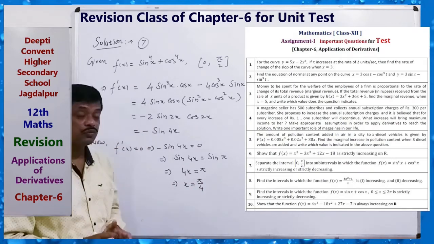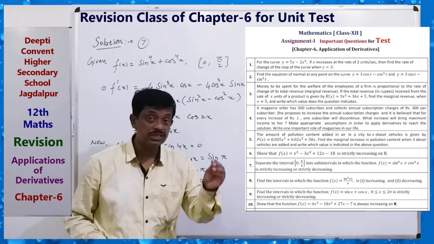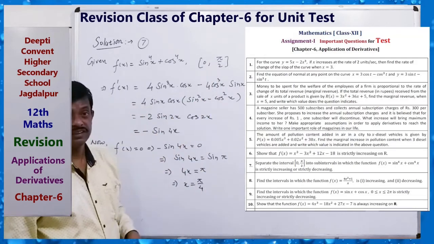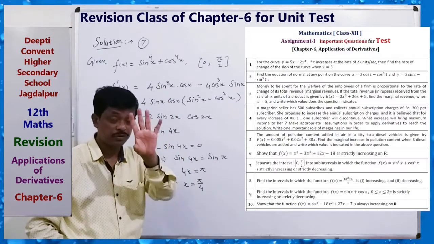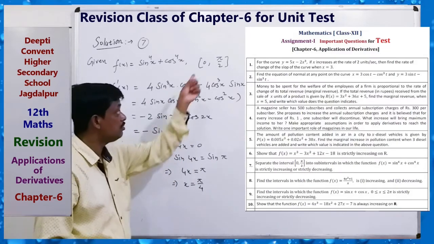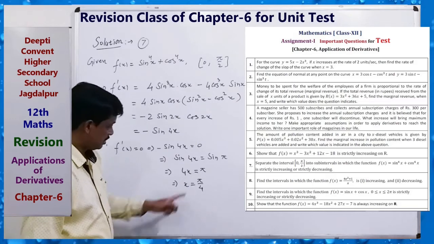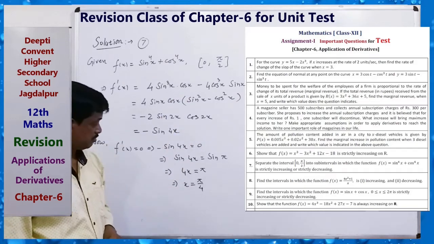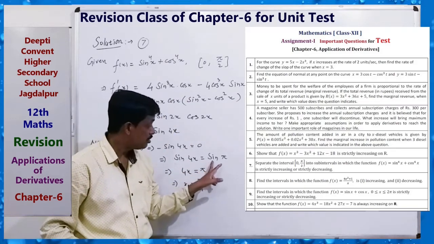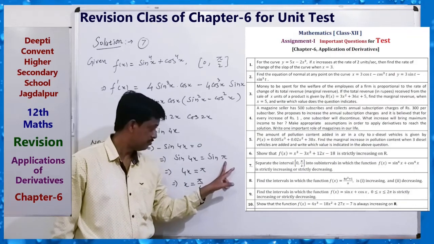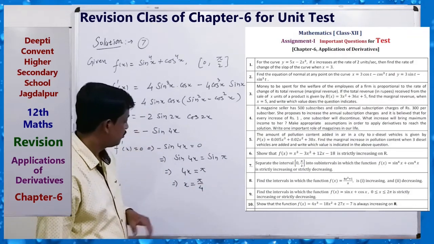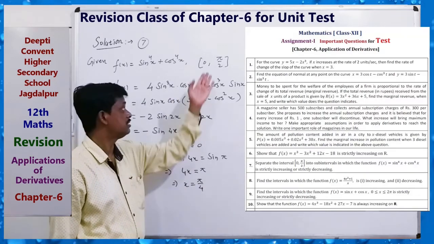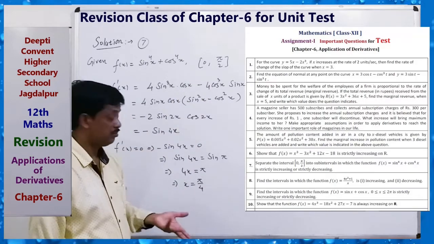Here we are trying to take the value which lies in between 0 and pi by 2. There may be infinite values, but we have to take the value which lies in between. x equals pi by 4 is between this. Also sin 2 pi equals 0, then we will get pi by 2, so that also gives no separation.